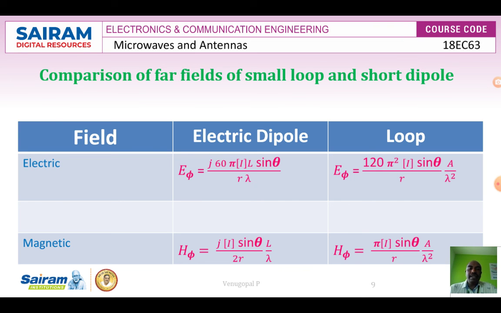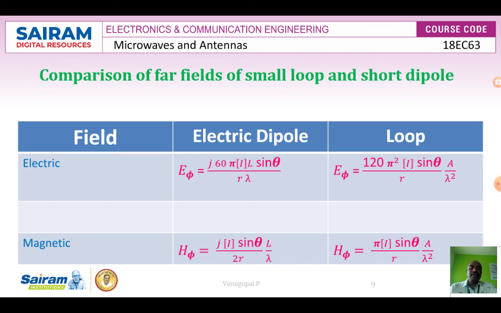See, in the electric dipole or short dipole, or you can call it regular dipole, all are same. In this type of antenna, electric field is given by E_θ is equal to j into 60π into I into L sin θ by rλ. But magnetic field in this dipole is j into I sin θ divided by 2r into L by λ.